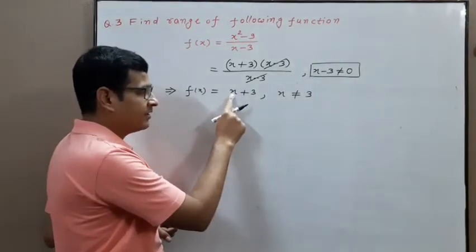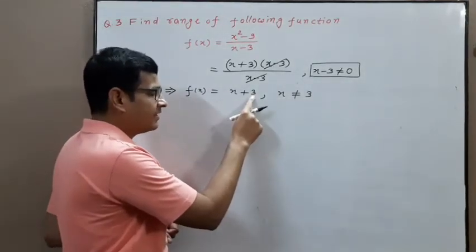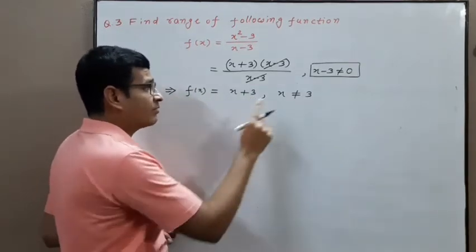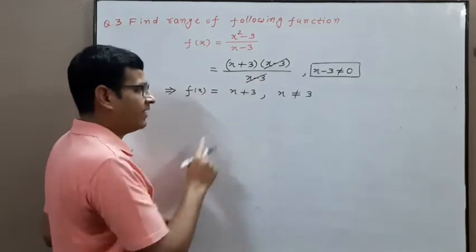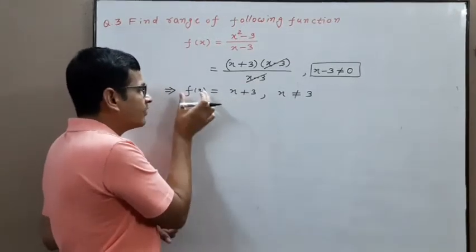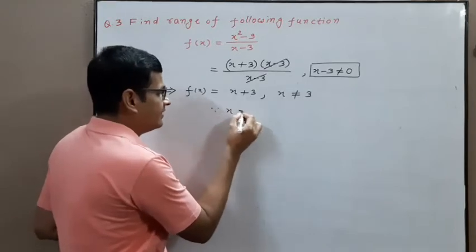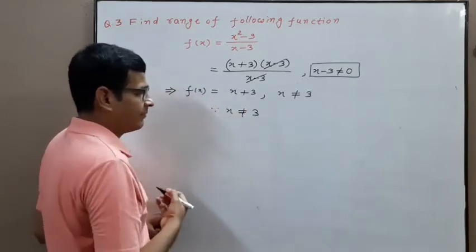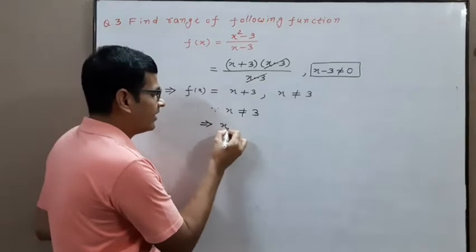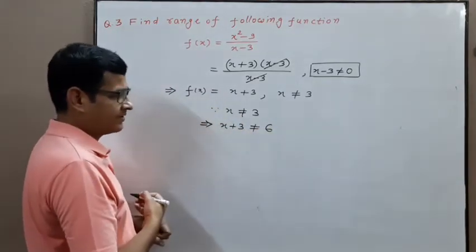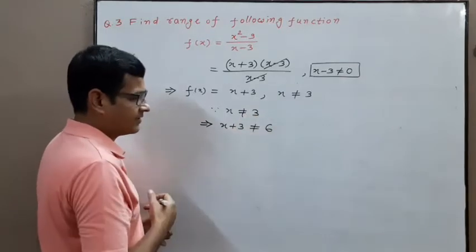x is a real number, plus 3, real number, means we get all real numbers. But in the question x not equal to 3. If x not equal to 3, then corresponding f(x) not equal to 6. Just see, since x not equal to 3, adding 3 on both sides, so x plus 3 not equal to 6, 3 plus 3, 6.